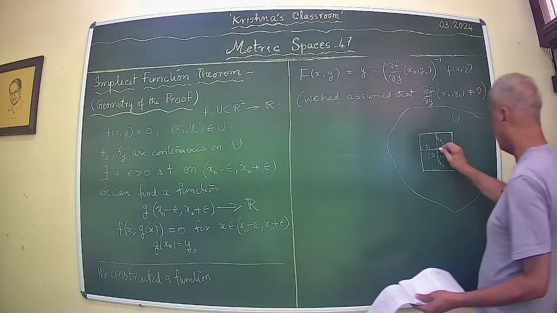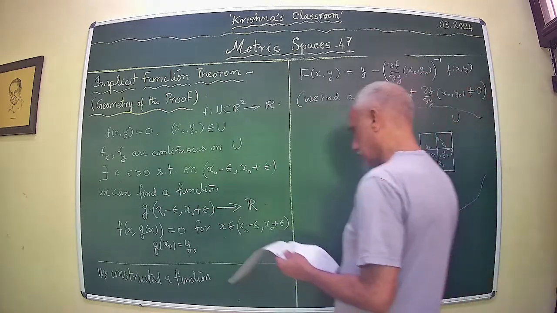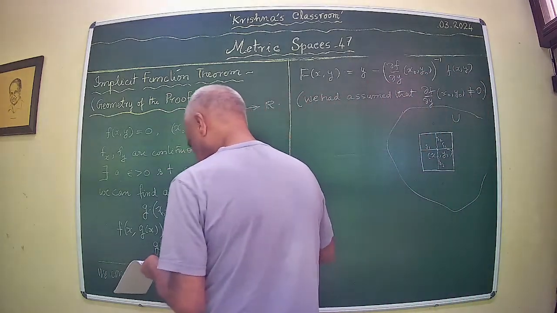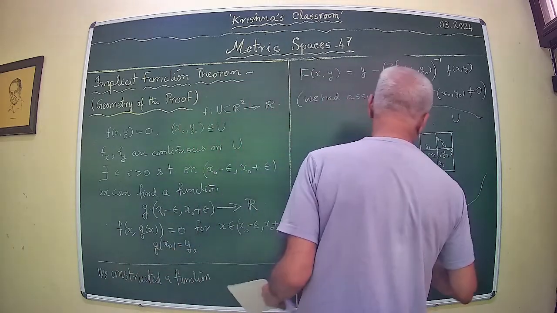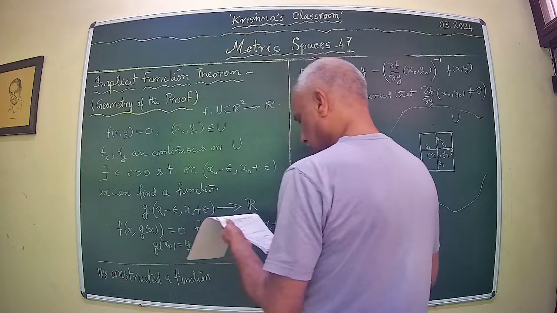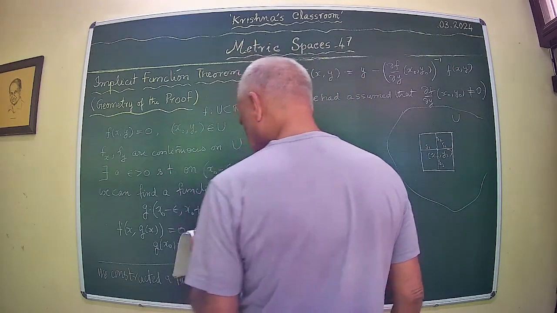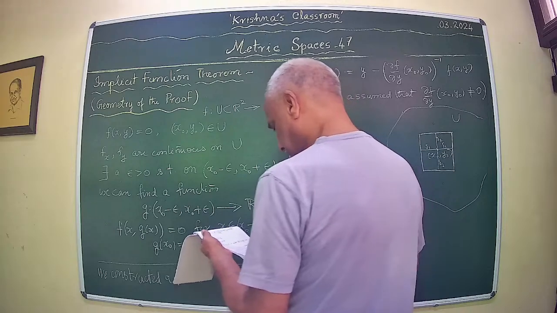So this is the point x0. Now we fix delta 1 and delta 2 such that some conditions are satisfied by f and its partial derivatives.